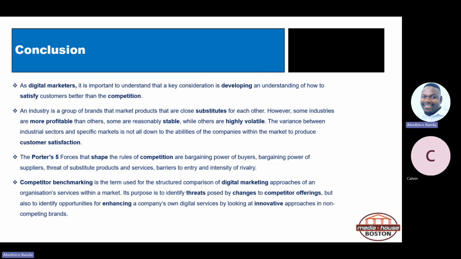You look at your resources, your financial resources. You look at your products and so forth and see whether you can sustain competition or not.